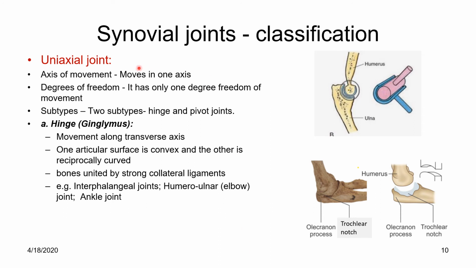Then the next one is the uniaxial joint. In this, it moves in one axis. If it is moving in one axis, the degrees of freedom for the movement is 1 degree. There are two subtypes in this uniaxial joint.